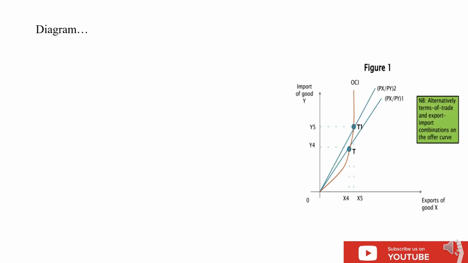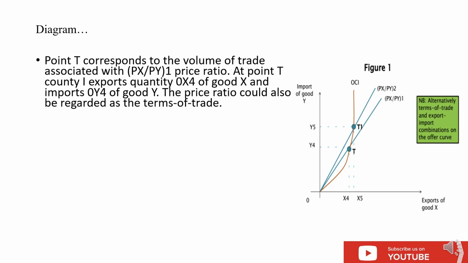On x axis and y axis plane we have export of good x and import of good y. So at point T corresponds to the volume of trade associated with Px by Py 1 price ratio. At point T, the country 1 exports quantity of 0 to x4.